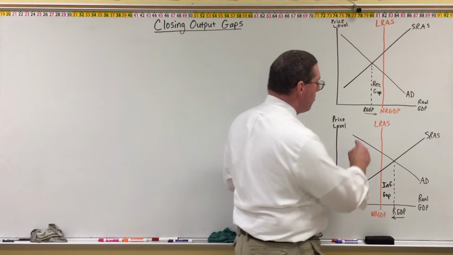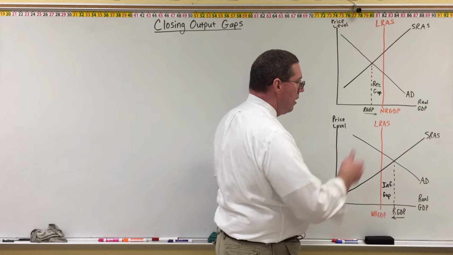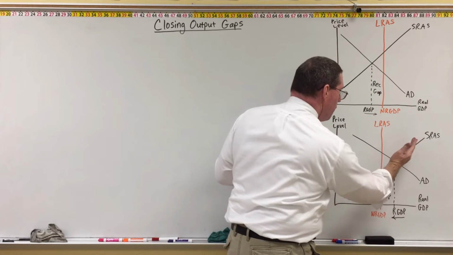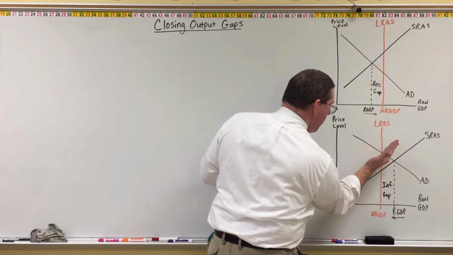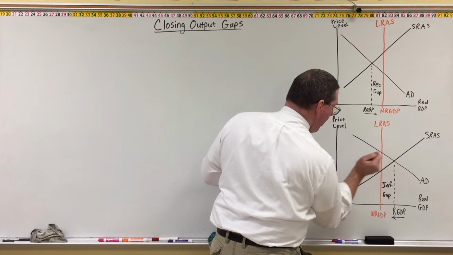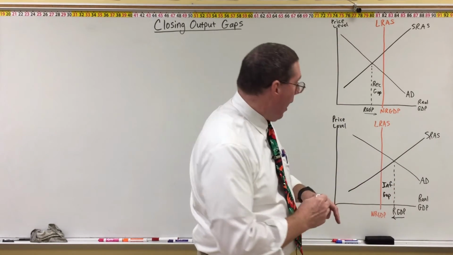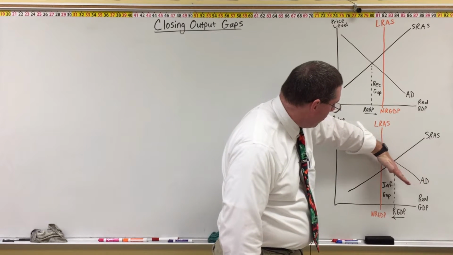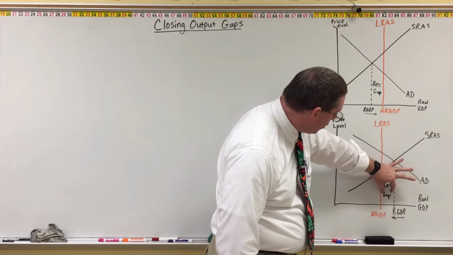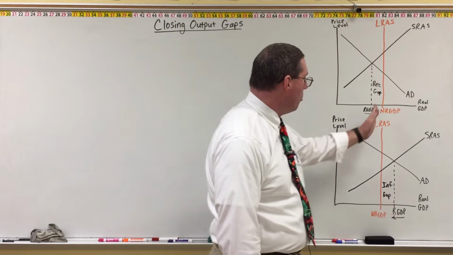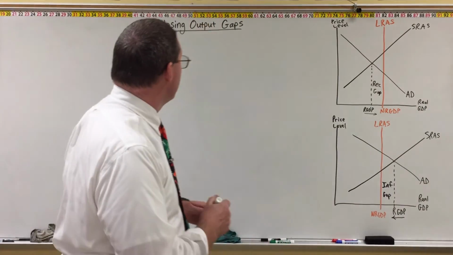We're going to do it by either moving the aggregate demand curve or by moving the short-run aggregate supply curve. If either one of those curves moves to the left, so if this short-run aggregate supply curve shifts left, then the new intersection point with aggregate demand will be here and we will close the inflationary gap. The same thing will happen if we move aggregate demand to the left. The new intersection point would be right here and we would close this inflationary gap and we would be back into long-run equilibrium. And that's what we're trying to accomplish here.